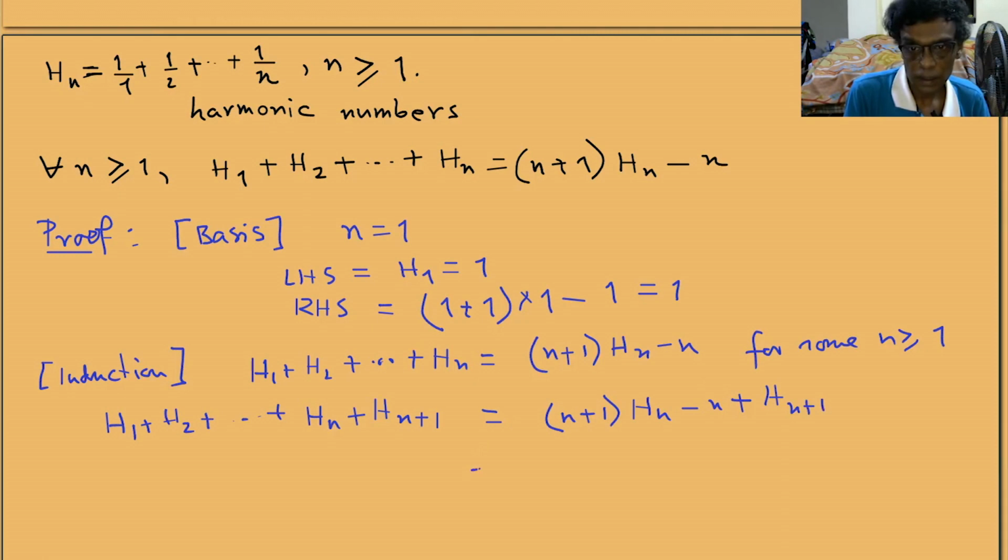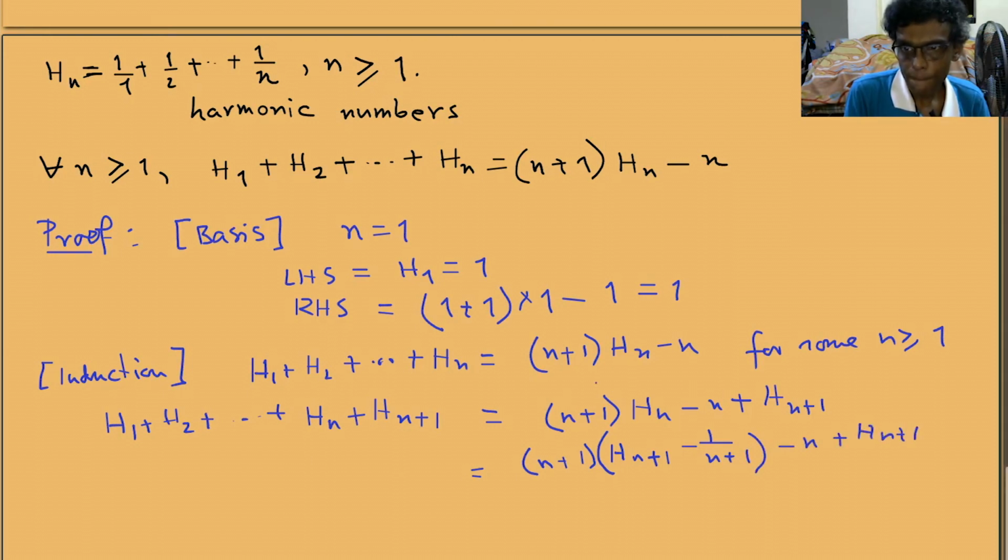Okay. So now I use this formula: Hn is H(n+1) minus 1 over (n plus 1). So I have (n plus 1) times (H(n+1) minus 1 over (n plus 1)) minus n plus H(n+1).